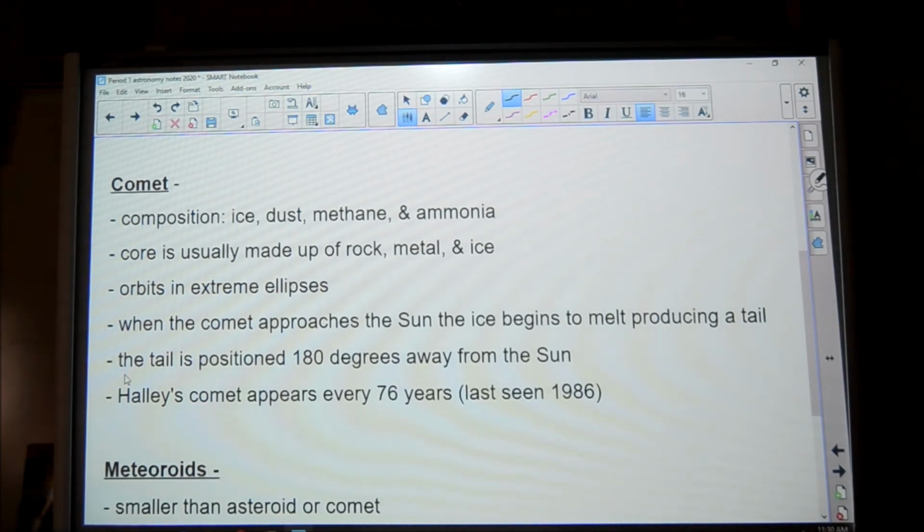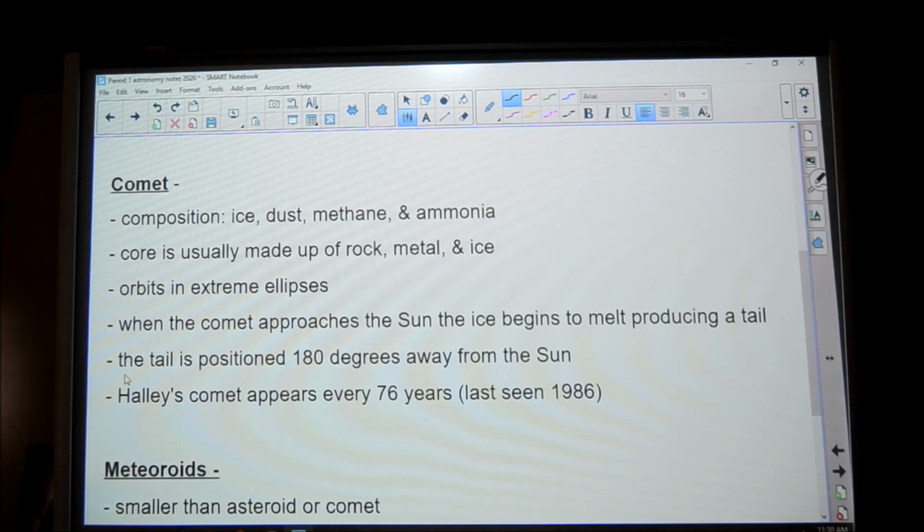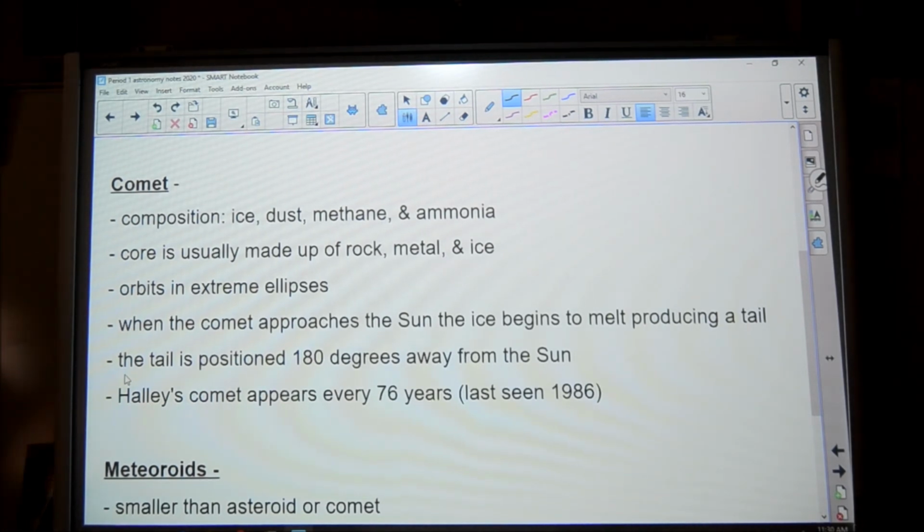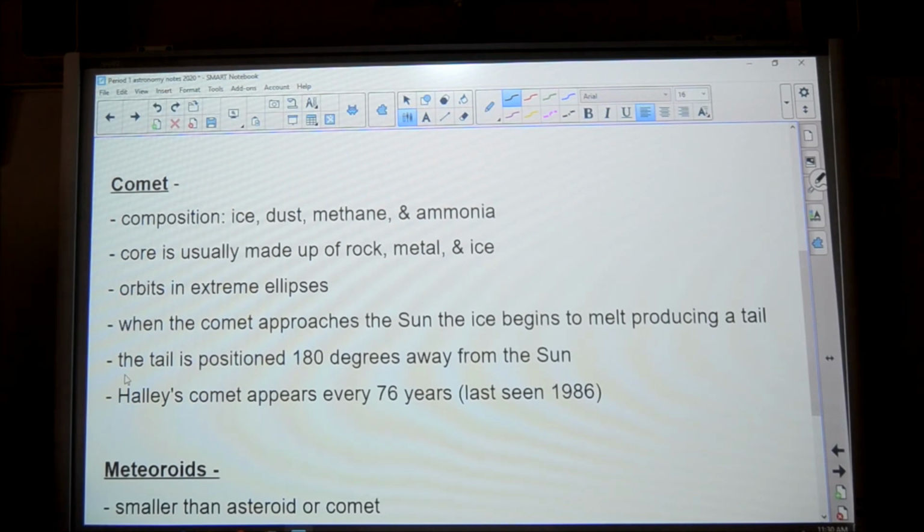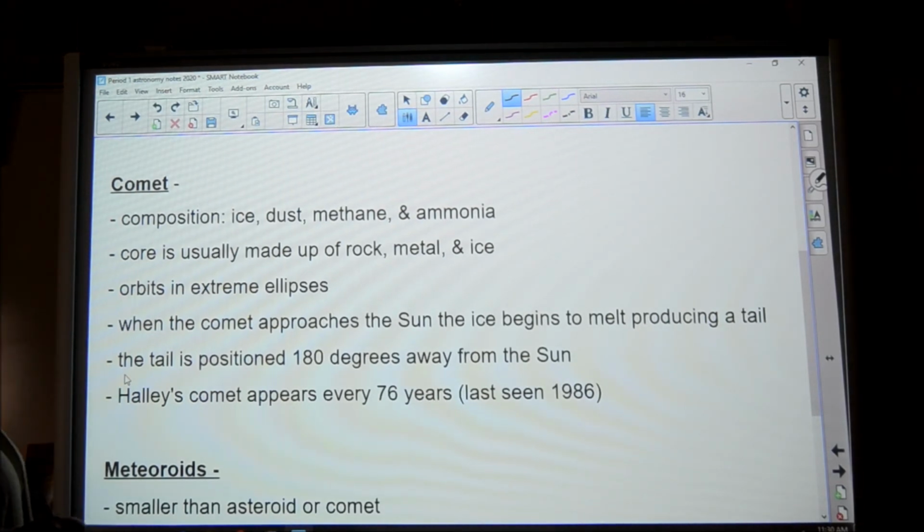The tail is positioned 180 degrees away from the sun. I'm sure you've heard of Halley's Comet, which you see every 76 years. The last time was 1986, because I actually did see that one. There's the Hale-Bopp Comet, which won't be around again for thousands of years, so that one's a miss.